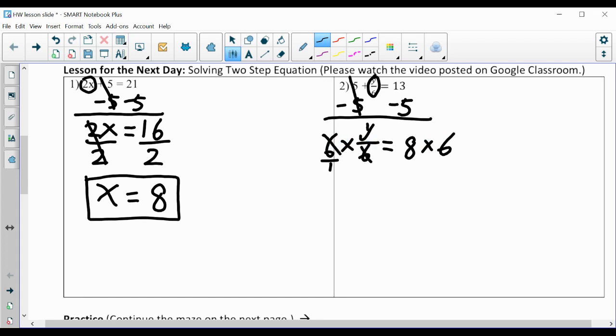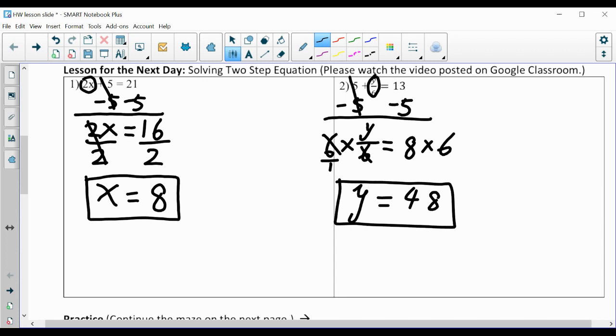So the numerator and denominator cancel out and become 1. 6 times 1 is 6. So you cancel out everything, it becomes 1. I'm not going to write that, because 1y is equal to y. So I just write down y equal to 8 times 6, 48. And then now again, you box up your final answer.